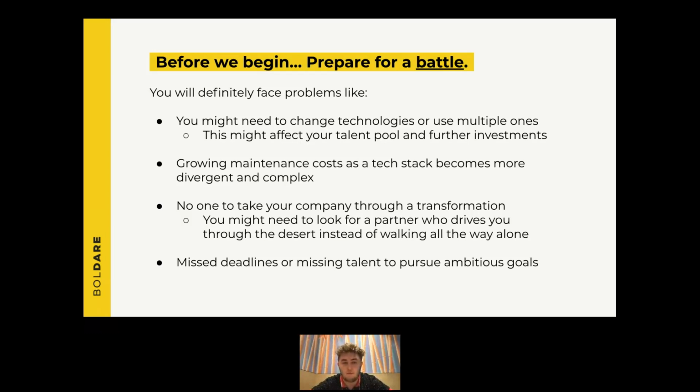That's very common during your journey through modernization, and those might in fact imply further investments into the talent pool, etc. So that's a pretty complex topic, and along with it go the maintenance costs and the tech stack that gets huge at some point.